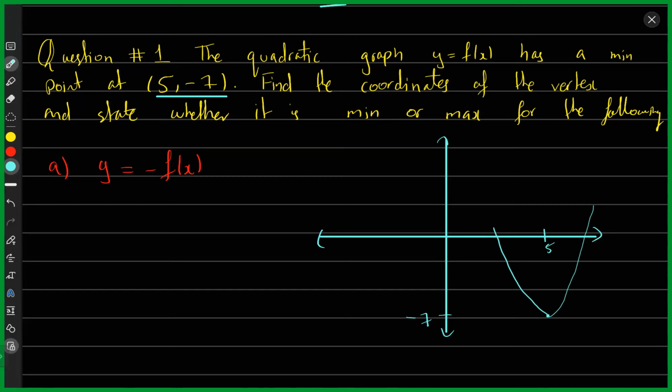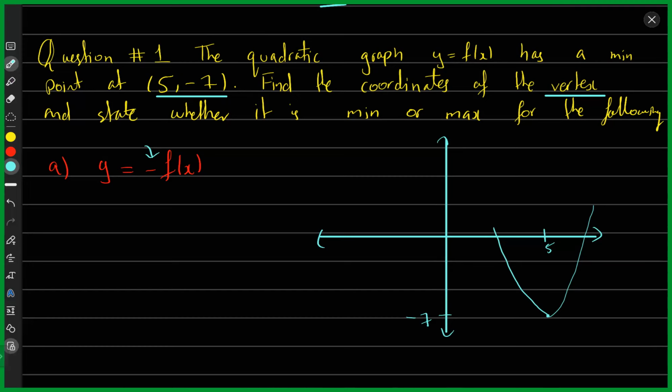Find the coordinates of the vertex. Again, what is vertex? Vertex is basically the turning point, or the minimum or maximum point of your quadratic curve, and state whether it is minimum or maximum. Now, when you do minus f of x, how do things change? When we are multiplying minus with the entire thing, we know that the x-axis becomes the line of reflection.